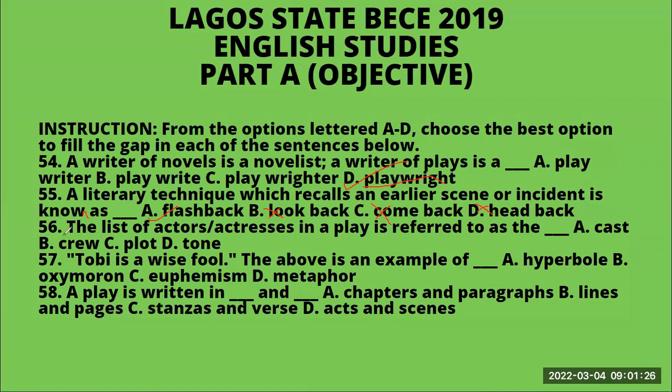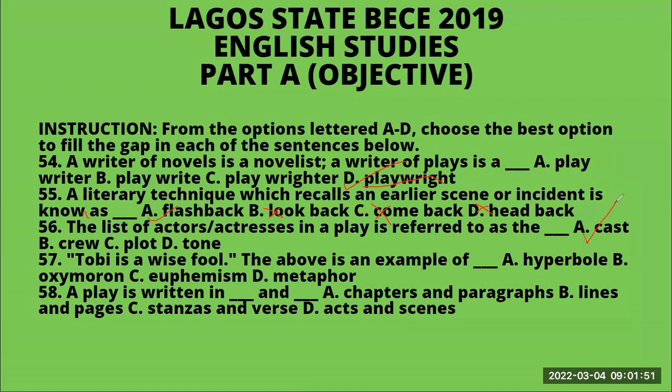Question number 56. The list of actors and actresses in a play is referred to as the dash. A, cast. Yes, that's exactly when you have the list. It can also be a list of the characters in a play, actors and actresses, those who take part in the actions of the play.